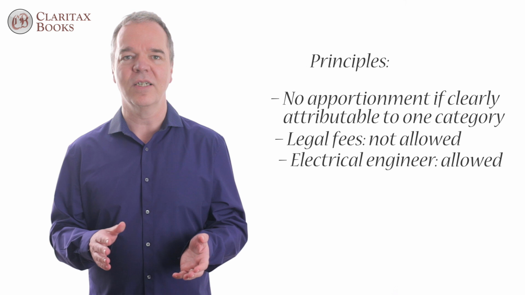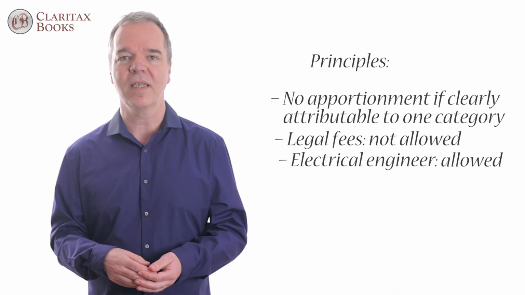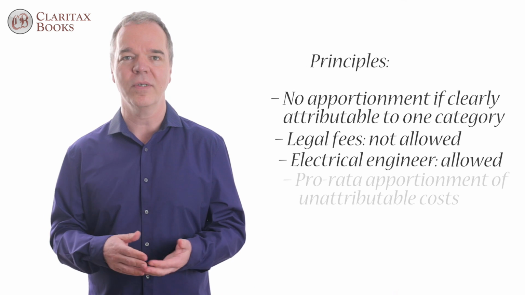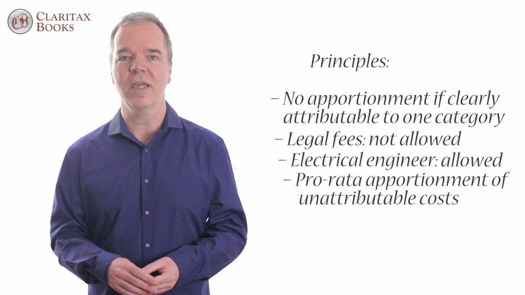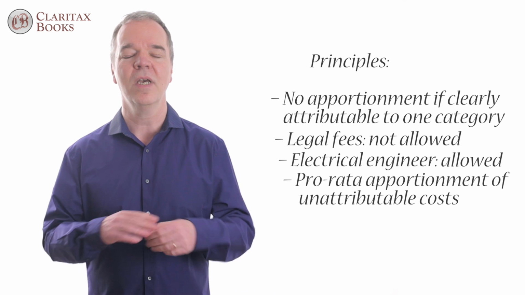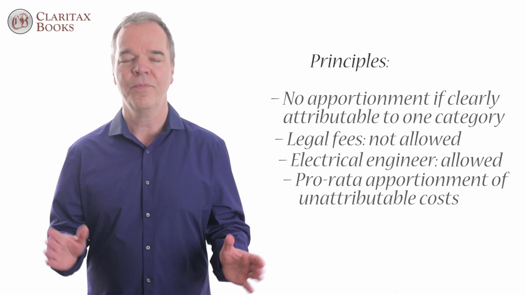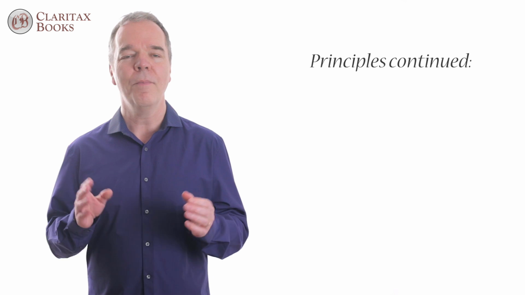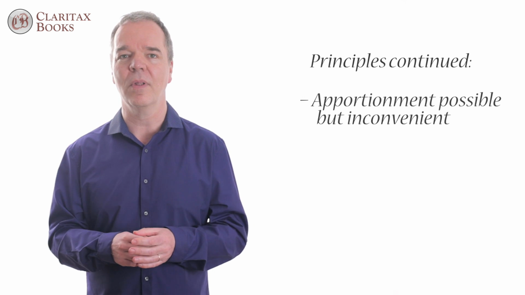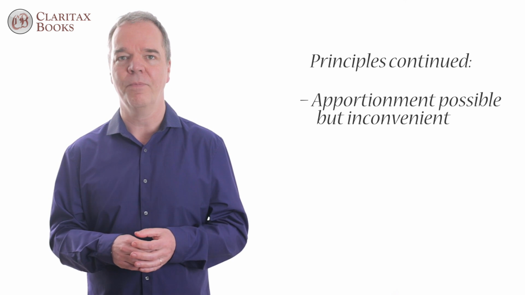Other expenses, such as portable toilets used by site workers or insurance costs, cannot be attributed to any specific categories of work and should therefore be apportioned across all categories. A third category may cover such costs as scaffolding, where an accurate apportionment might be theoretically possible but very time-consuming.